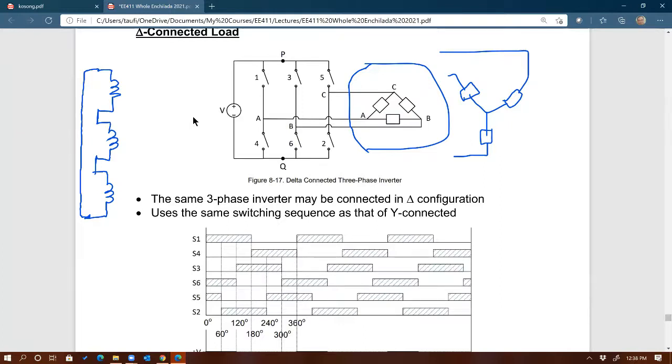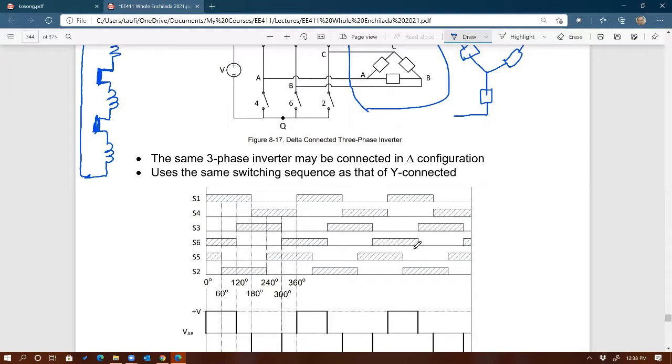Or if you could not see the loop, at least if you know that they are connected one after the other, which means series connection, then you know that it is a delta. So never look for that shape. I look for how they're connected. That's something I would like to emphasize every time I see a Y or delta connection. So delta, they're in series. Y, it has a common point. Okay, are there any questions?